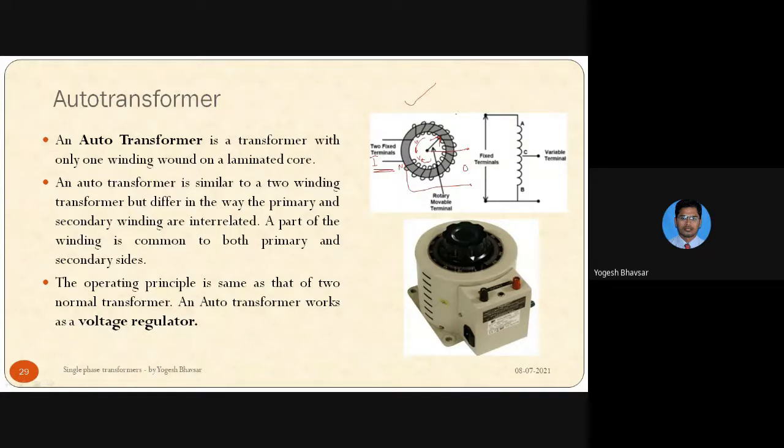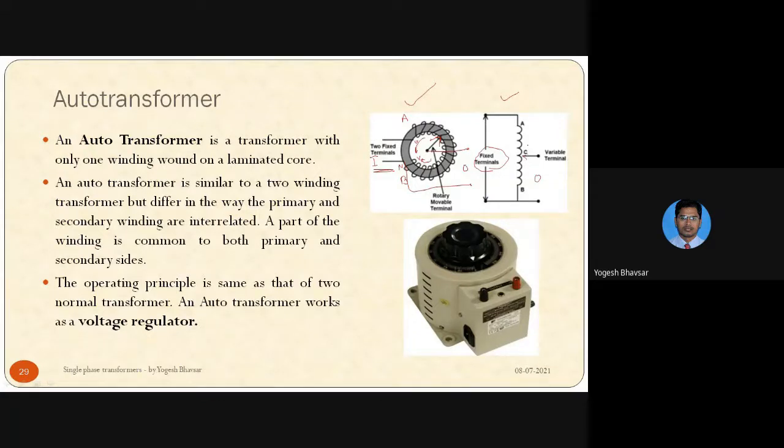Here in the circuit representation, suppose these are the two points A and B. In between A and B there is a complete winding, which is connected to the source. The movable point C rotates over this coil, and across the part CB we get the output.